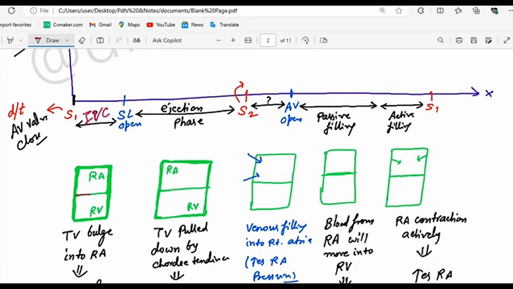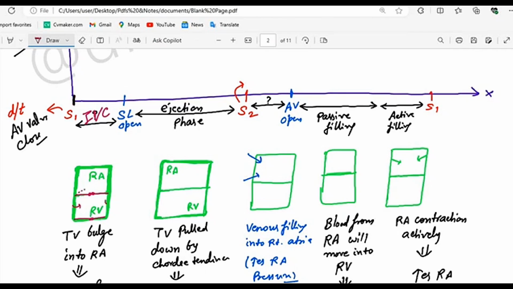Let's take an example: this is the tricuspid valve between the right atrium and the right ventricle, and suppose this is the semilunar valve. Both these valves are closed till now. So what will happen when the ventricles start contracting?